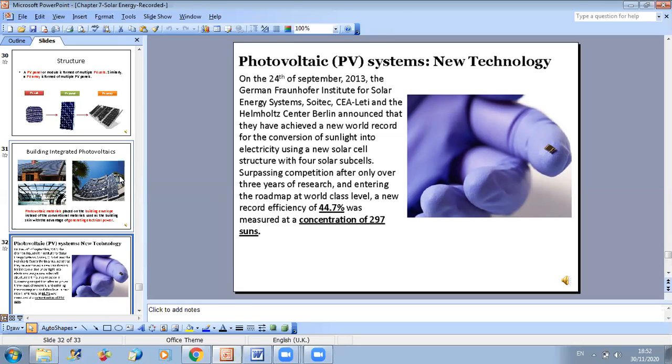So after 3 years of research, we recorded an efficiency of 44.7%, measured at a concentration of 297 suns. So we increased a lot the efficiency of conventional PV cells. So as we said, with technology and with time, we are reaching higher and higher efficiencies.